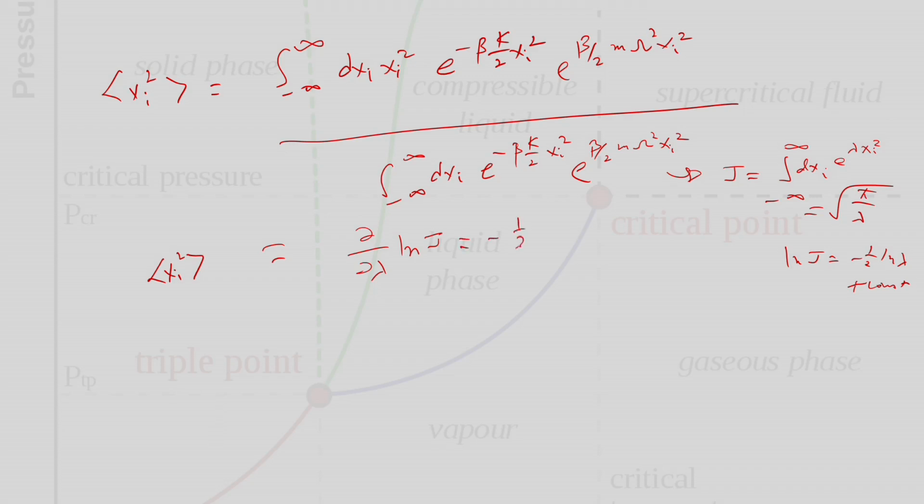So, this is minus 1/2 times minus 1 by 2 lambda, and so as a result the average. So, what is lambda here?